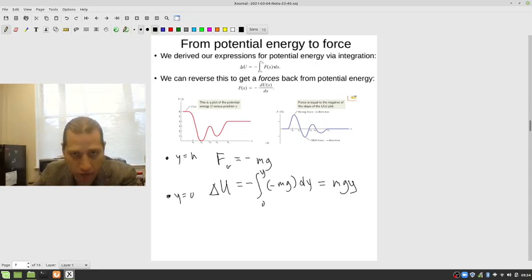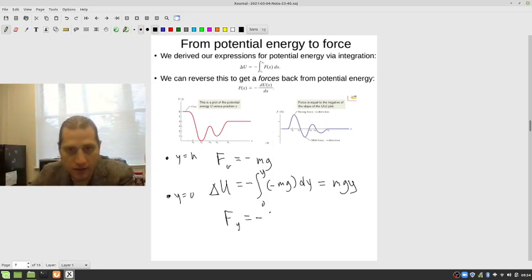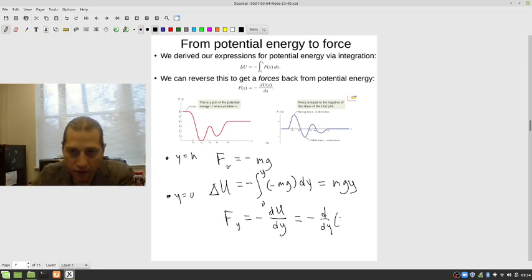Well, if you took an integral to get the energy, you would have to take a derivative to get the force. Okay, so my force in the y direction then would be minus dU/dy in this case. So it'd be minus d/dy of mgy. So my gravitational force in this case, I could get this back as minus mg.